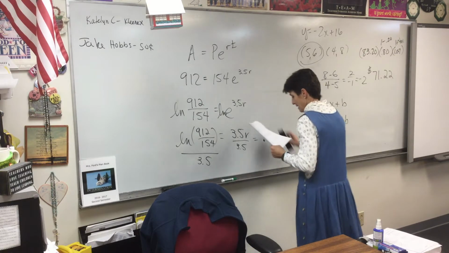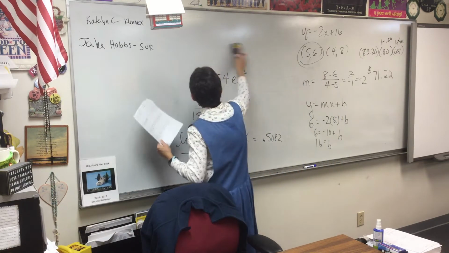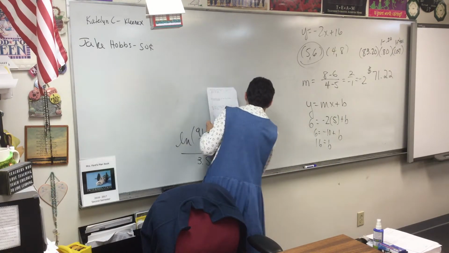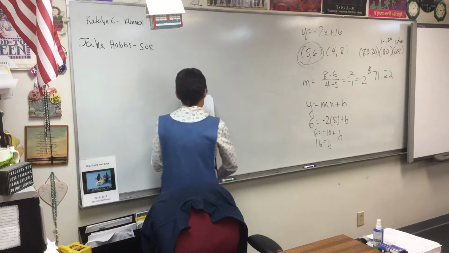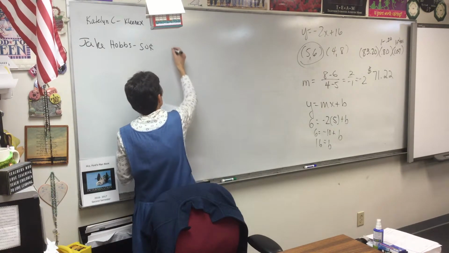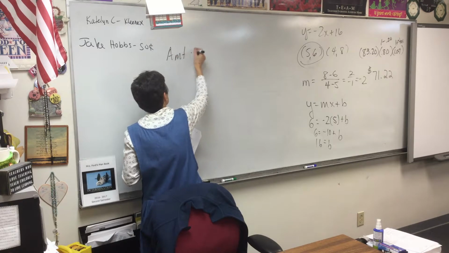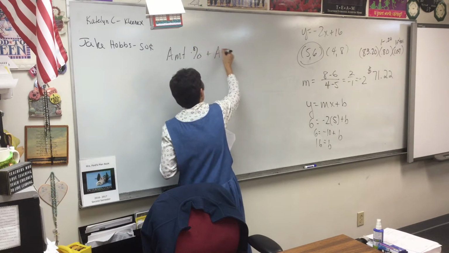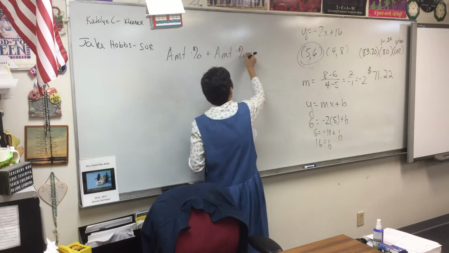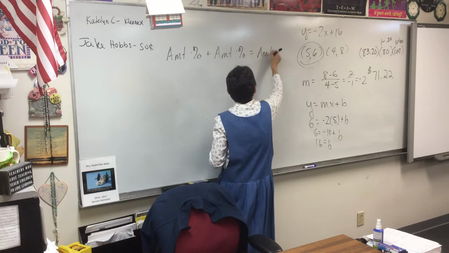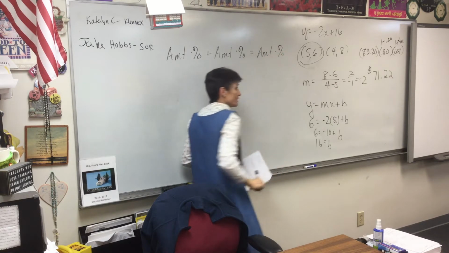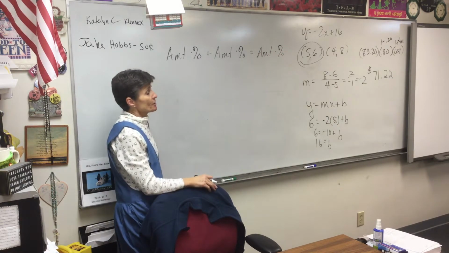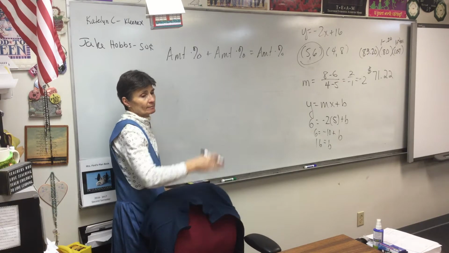Number 29. How many gallons of an 8% solution must be added to 100 gallons of 90% solution to get a 65% solution? This is going to be one of those amount times percent plus amount times percent equals amount problems. If you are paying attention now and not talking, you can't miss this problem.